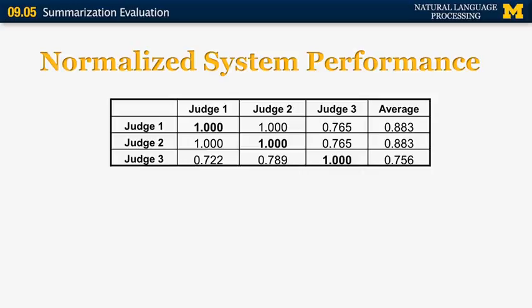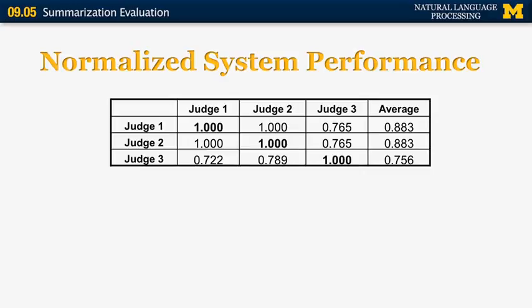And then if you average all of those values, you would get that judge 1's average performance is 0.883. Same for judge number 2, and judge 3 gets a slightly lower performance of 0.756. And if you average those numbers together, you get the so-called inter-judge agreement for utility selection. So that would give you the upper bound on any system's performance. You don't expect the system to perform better than the judges.